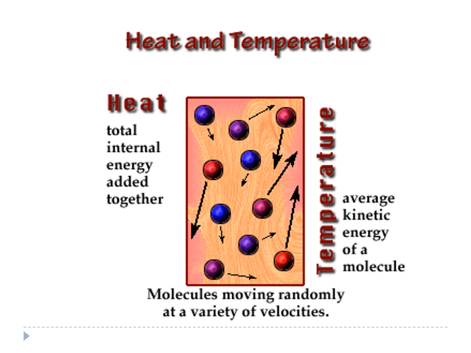If we are considering the total kinetic energy of the atoms in that substance, then we are measuring heat. But if we are taking the average kinetic energy of the atoms, then we are talking about temperature. So heat is total kinetic energy, and temperature is the average kinetic energy.